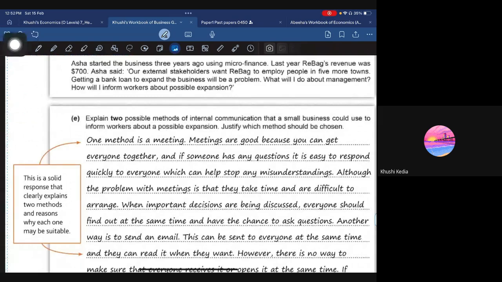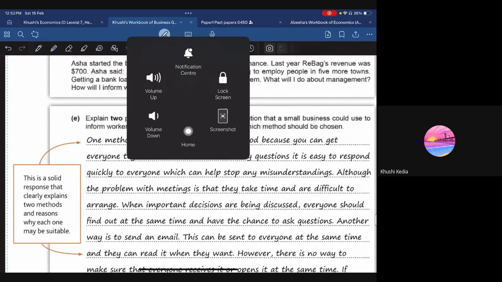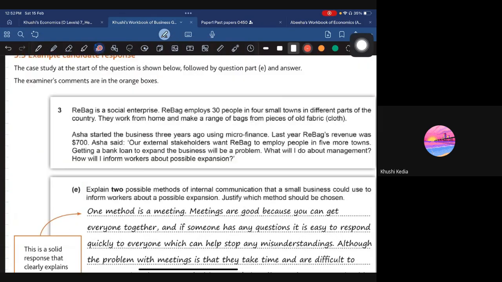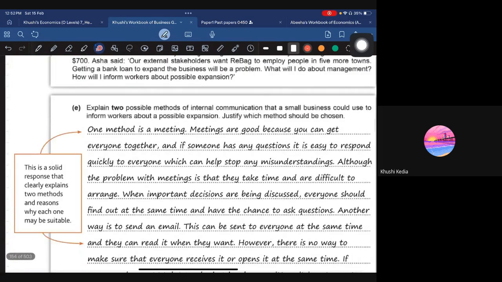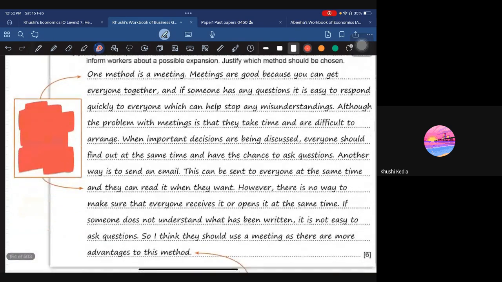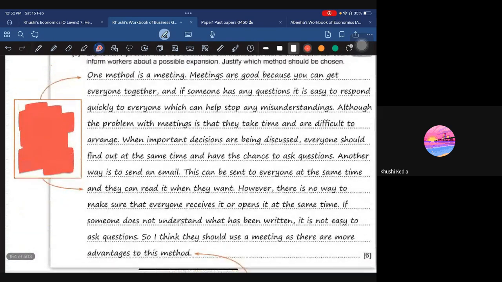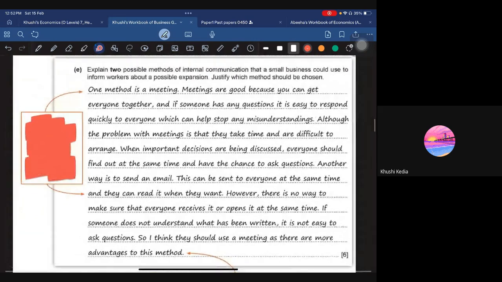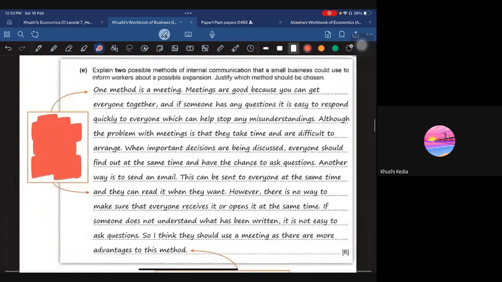Okay, you are going to read this answer and I will ask you to mark this answer. Carefully read every single thing, and then we are going to have a good discussion on this.